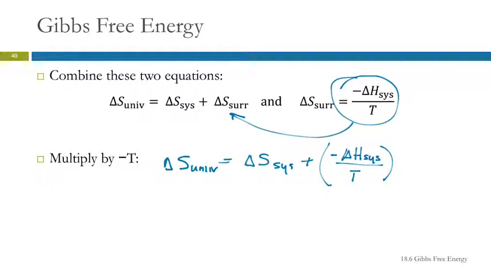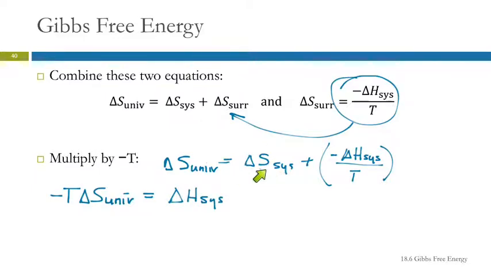So if I do that, then I'm going to end up with negative T delta S of the universe is equal to, I hope you don't mind, I'm going to switch the order of these. When I multiply this one by negative T, what do I have? Positive, just delta H, right?